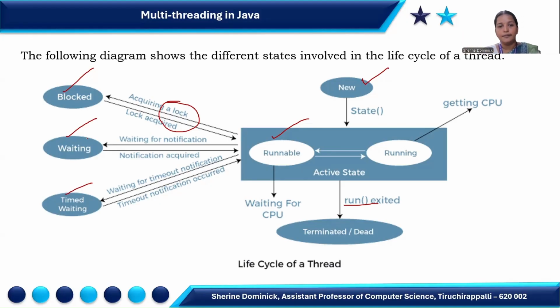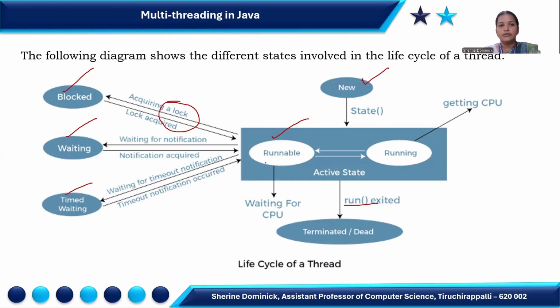The last state is timed waiting. A thread from this running state will move to the timed waiting state in a case that, again, it's waiting for a resource or it has been interrupted by a high priority thread.